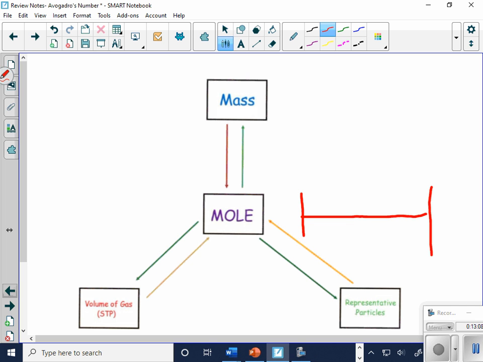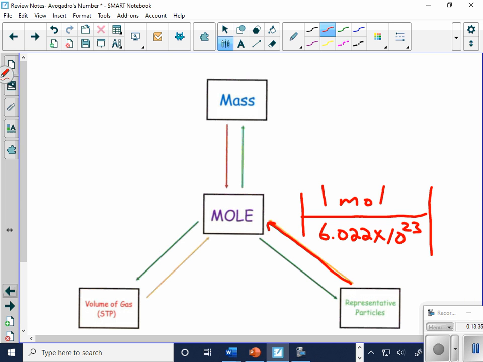This arrow is running from representative particles all the way up here to mole. So if I have representative particles and I want to convert it into moles, I'm going to have 1 mole on the top, and on the bottom, I'm going to have Avogadro's number.